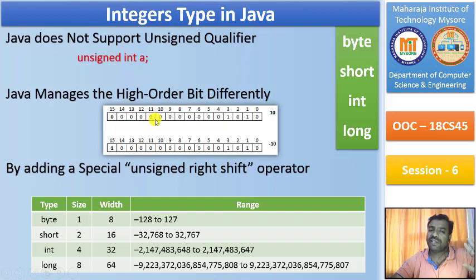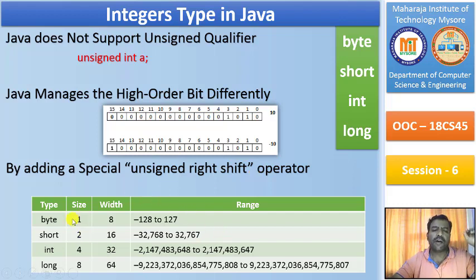Java preserves this by default, but I can remove the higher order bit by using the unsigned right shift operator. In later classes we'll see how exactly this is done, but right now just understand how Java manages the higher order bit and how significant it is with respect to any variable we use.